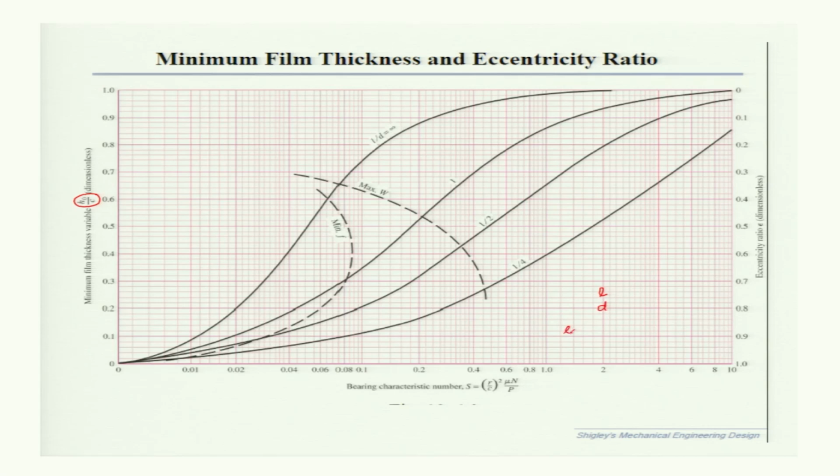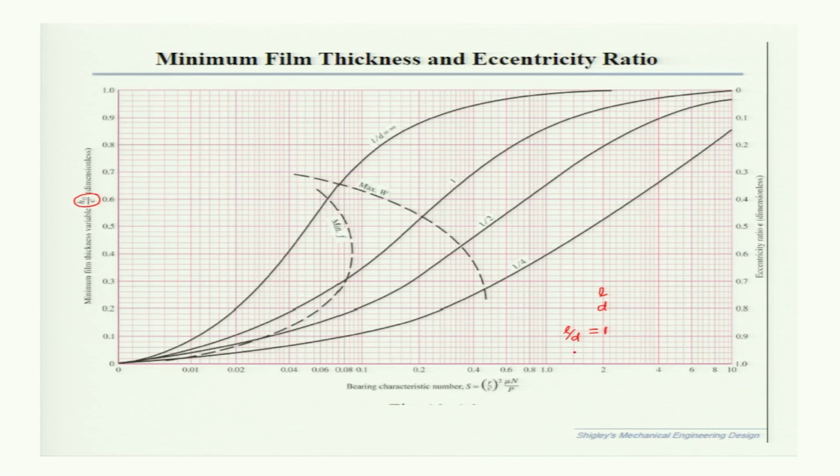So L by D is an important parameter. If it is equal to 0.25 or less than that, then it is called the short bearing. If it is more than this, then it is called the long bearing.